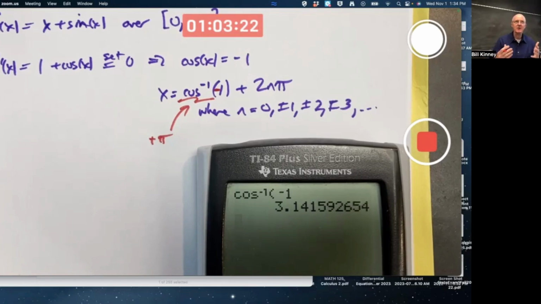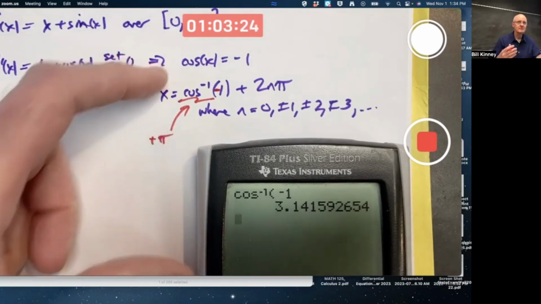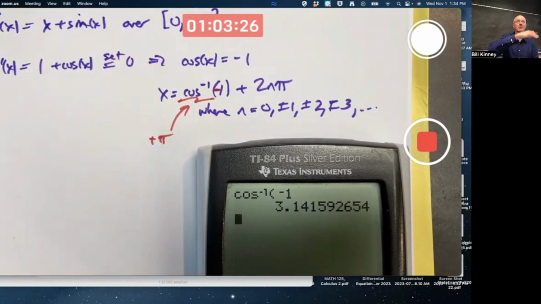Inverse cosine of a number between -1 and 1 is thought of as being an angle between 0 and pi, whose cosine is -1. Well, pi, 180 degrees, in that range in the first or second quadrant is the unique angle whose cosine is -1.